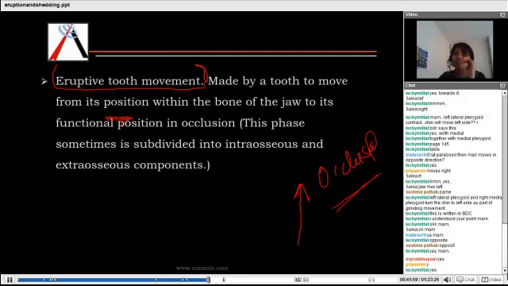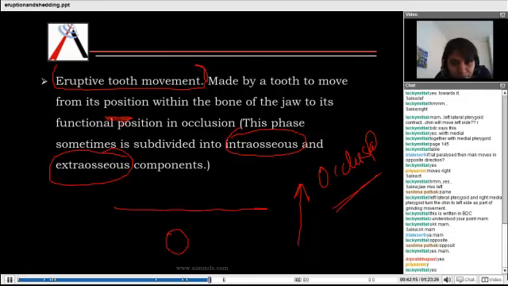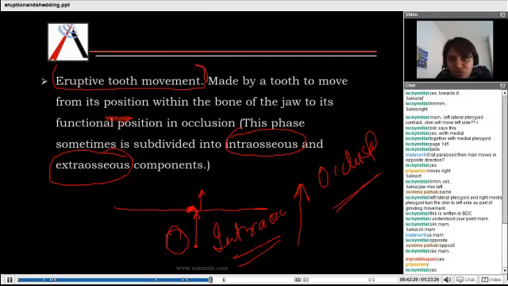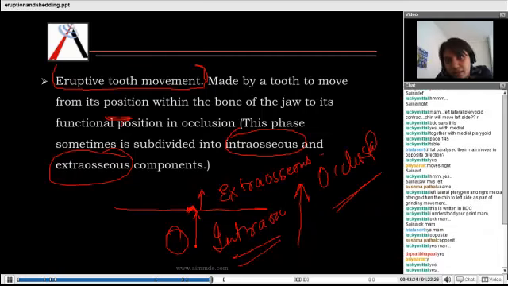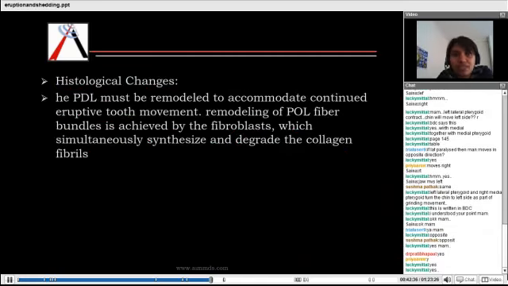This phase is divided into two: the intraosseous and the extraosseous. When the tooth bud moves from here till here, it is the intraosseous eruptive movement. When it breaches the cavity and moves till the occlusal surface, it is the extraosseous movement. So these are the two movements in eruption.